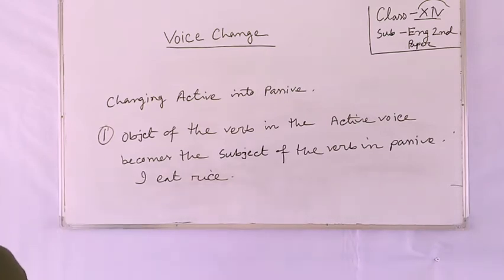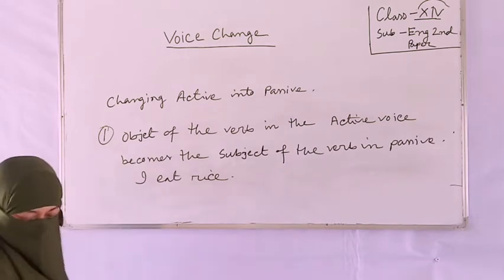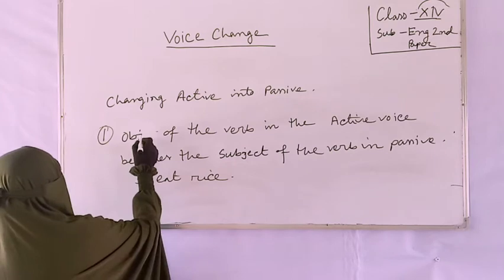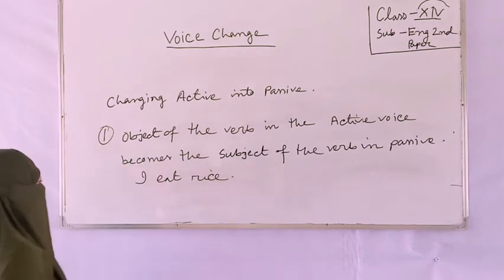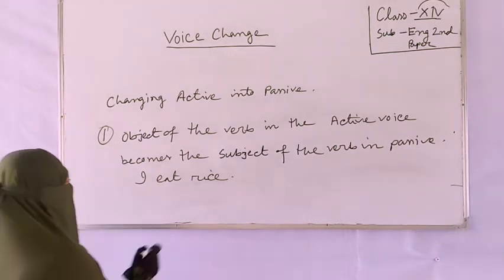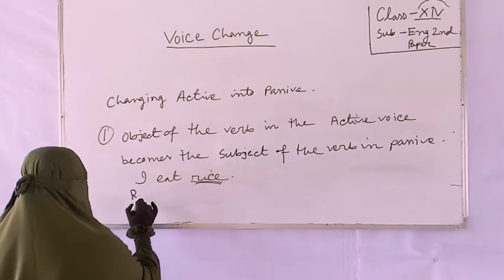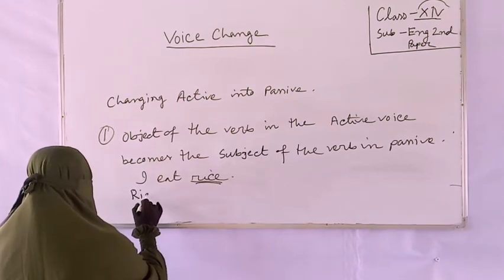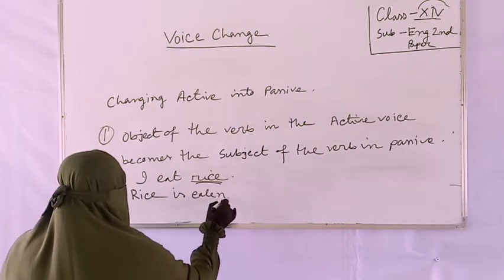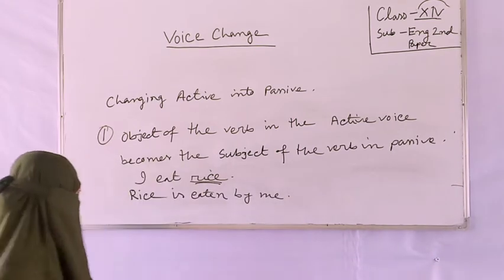In our rule, we have mentioned that object will be transformed as subject. So object is rice. We have to make it subject. Rice is eaten by me. Passive.